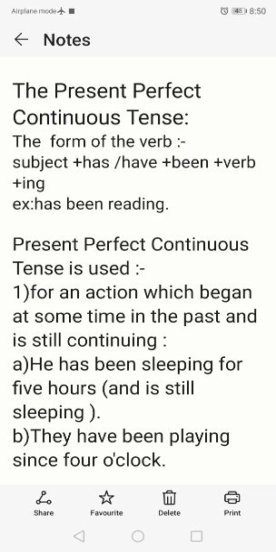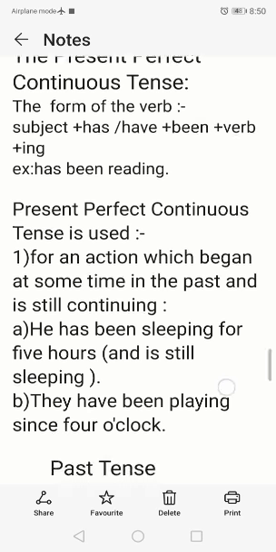Their playing has continued till now and is still going on. So the action which has already begun in the past is going on at the time of speaking, and even in future it will go on. To indicate that one, we have to use the present perfect continuous tense.